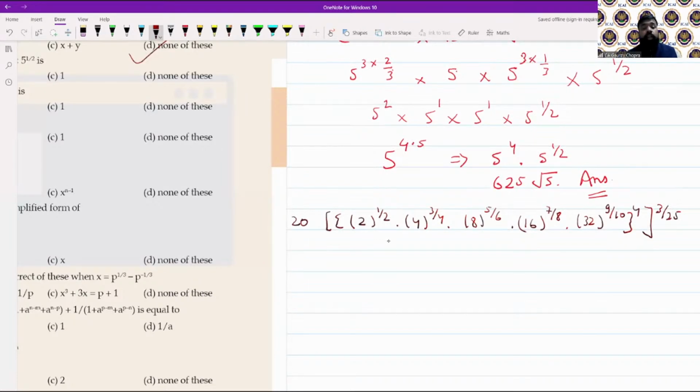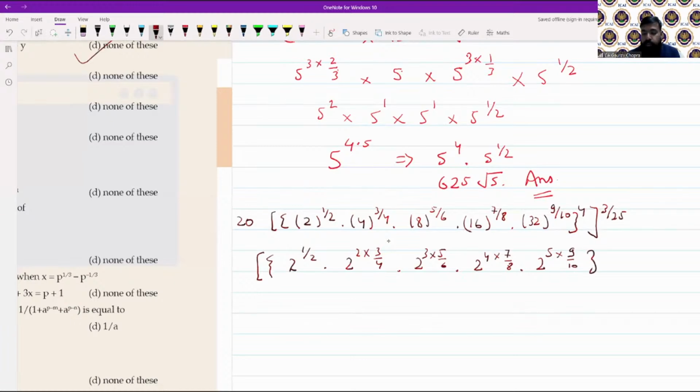So let us convert all the numbers in terms of 2. So 2 to the power of half is there. 4 can be written as 2 square and power 3 by 4. 8 is 2 cube and power 5 by 6. 16 is 2 to the power of 4 and then 7 by 8. 32 is 2 to the power of 5 and 9 by 10.